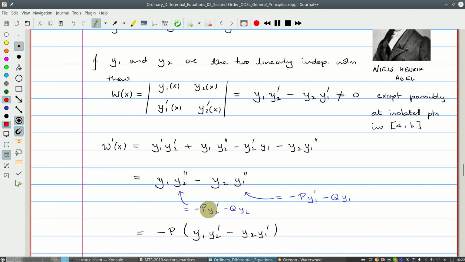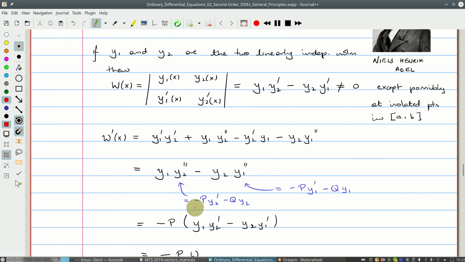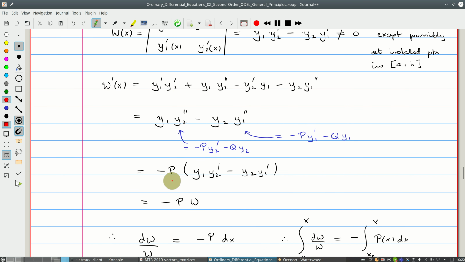The second derivatives can be written in terms of the first derivative and the function, and the functions p and q. Put that in, and this then comes into the nice form that the first derivative of the Wronskian is minus p of x, this is a function of x, times y1 y2 prime minus y2 y1 prime, but this is the Wronskian. So the derivative of the Wronskian is equal to minus p times the Wronskian.